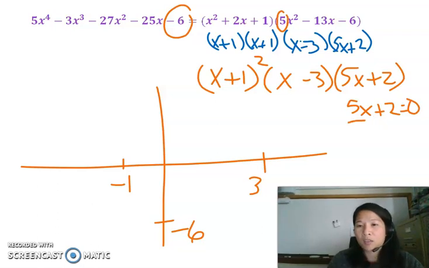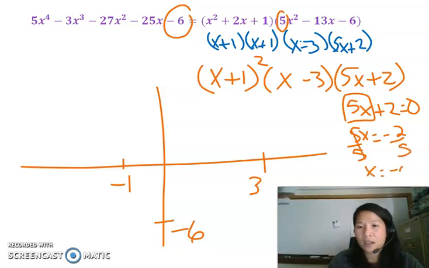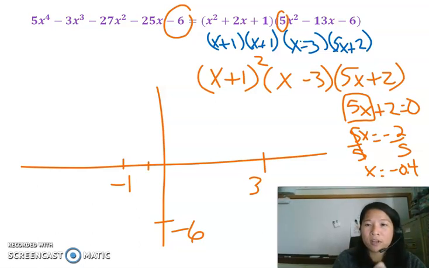So this 5x must equal negative 2. So 5 times what number gives you negative 2? Well, if you divide both sides by 5, you get negative 0.4. Okay, negative 0.4 right there.